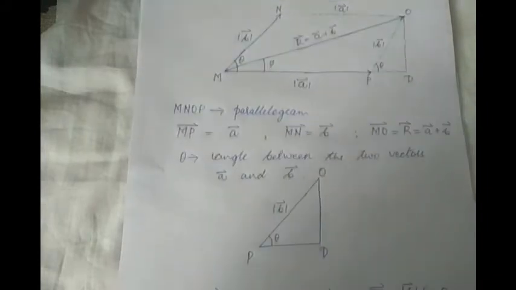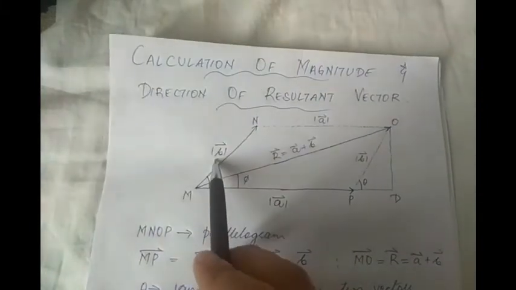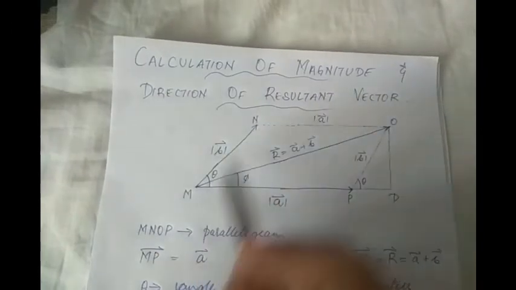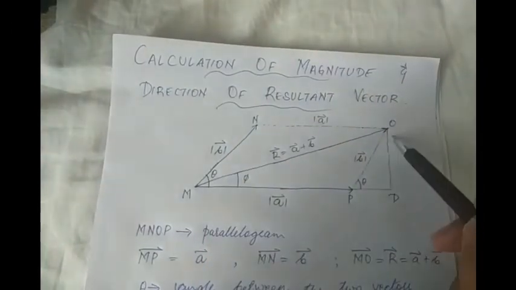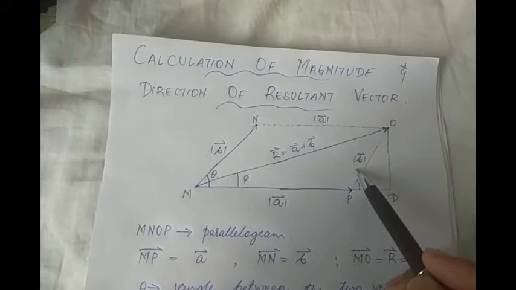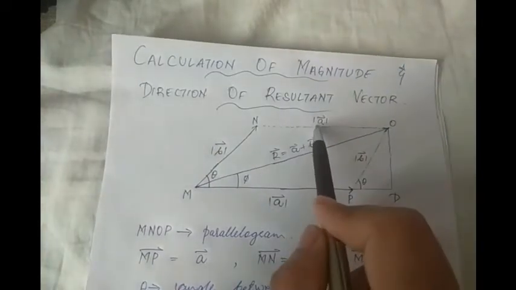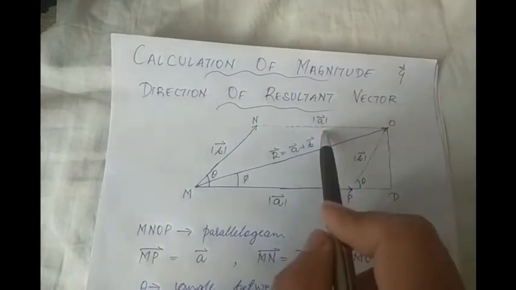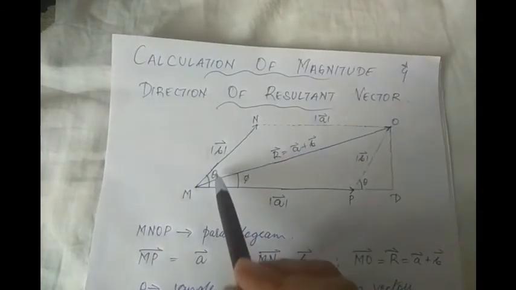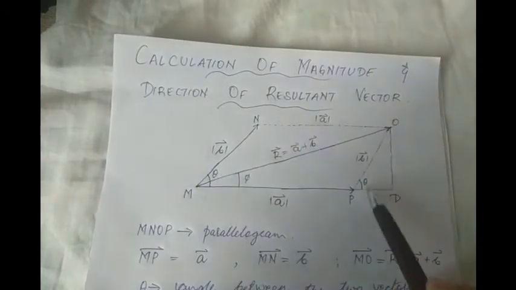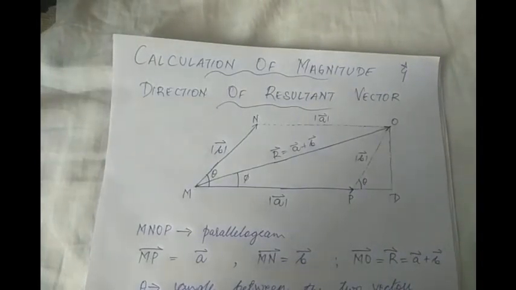So see, in this parallelogram, if this magnitude MN is B, then PO should also have the same magnitude B. If this is magnitude A or vector A, this is also vector A having magnitude modulus of vector A. And if this angle is theta, then this angle also has to be equal to theta. Angle OPD has to be equal to theta.